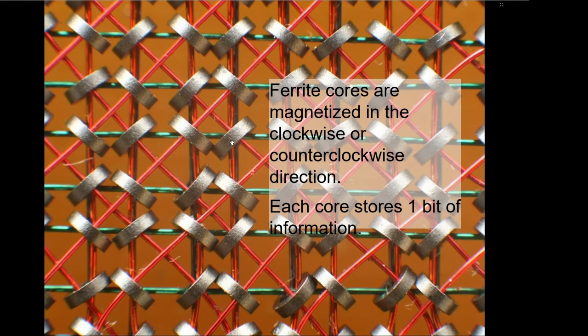And so you could use each core to store one bit of information. So it could be either magnetized one way or magnetized another way, and those could stand for ones and zeros.